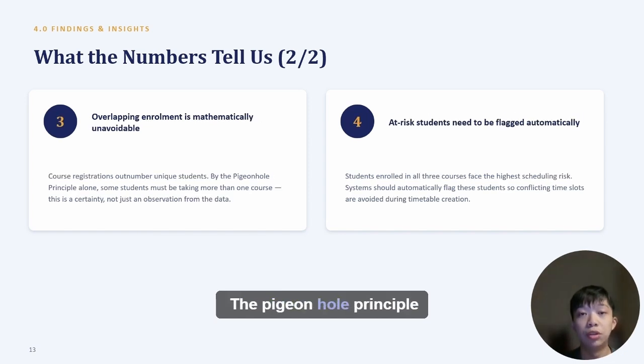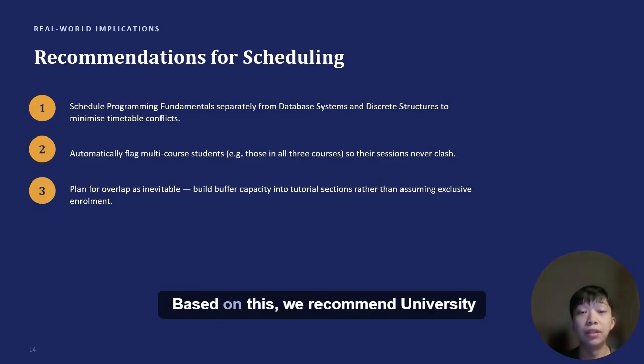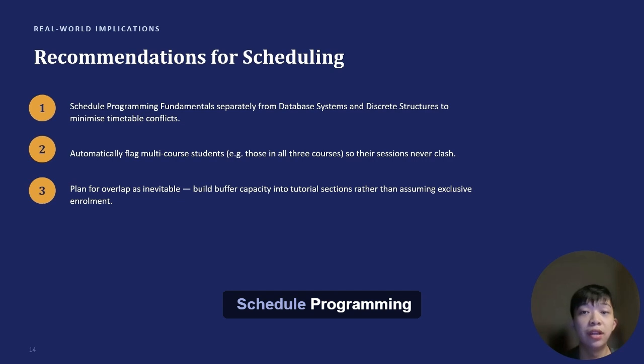Third, the pigeonhole principle proves overlapping enrollment is mathematically unavoidable whenever course registrations outnumber unique students; this is certainly not just something we observe. Based on this, we recommend the university schedule Programming Fundamentals separately from the other 2 courses and automatically flag multi-course students so their sessions never clash.